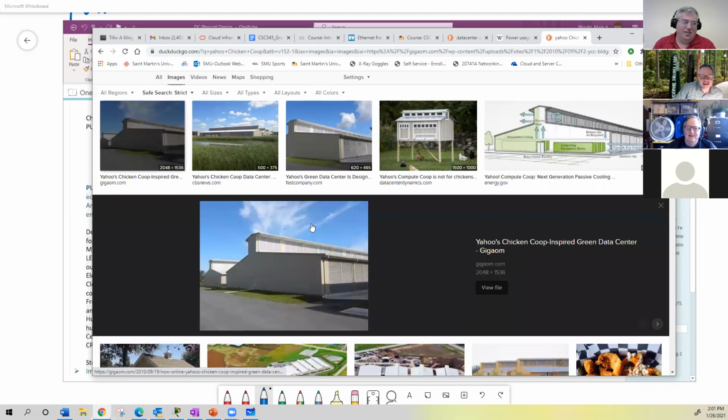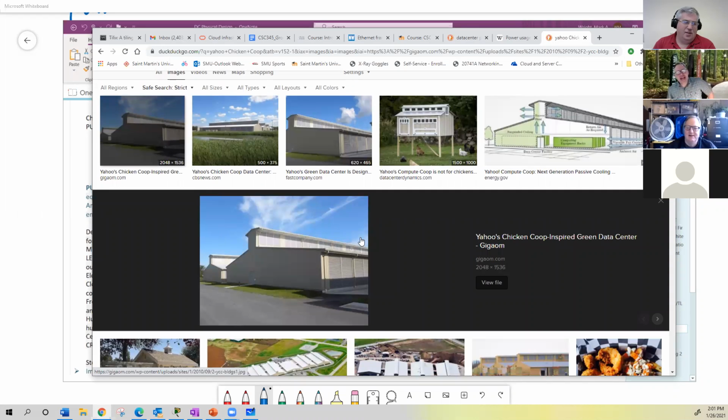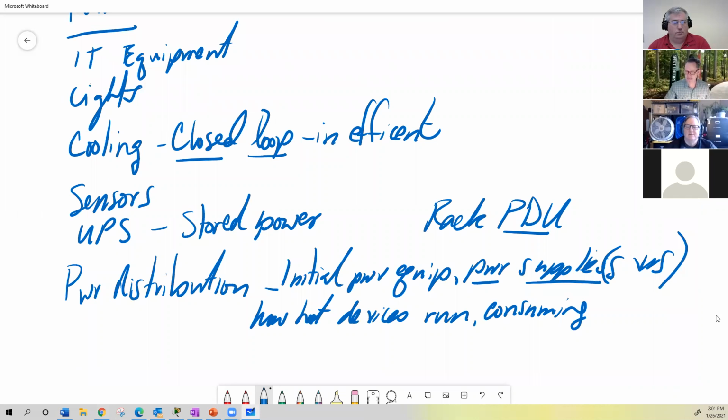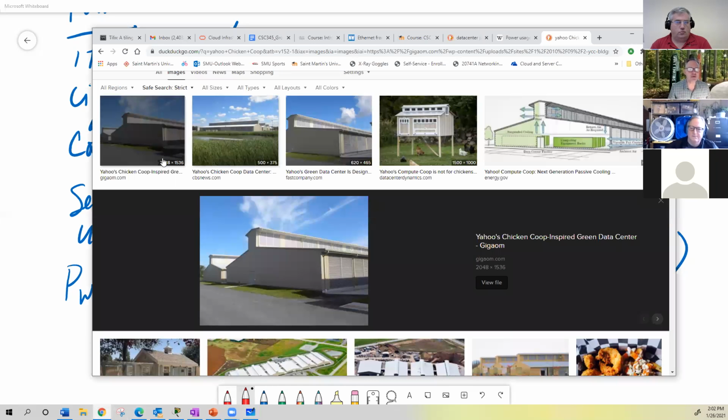Here's the design of their data center. Instead of what I had termed closed loop, another way to look at this is open loop cooling. So there's closed loop, which we've talked about thus far, and this is a good example of open loop.